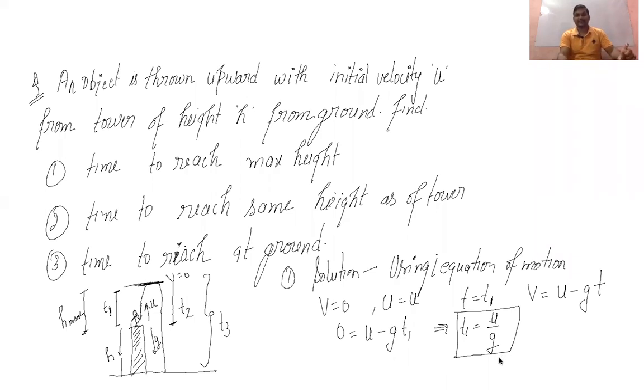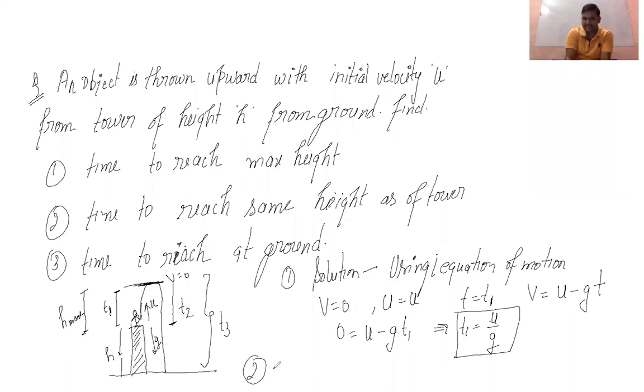Once I find the h max, then I will use the first equation of motion from here to here to find out t2. I will show you that t2 will be u by g, and you will add these two times. This will become the time to reach the same height, 2u by g. So let's come to this point.